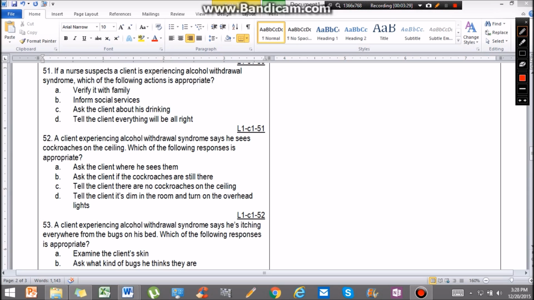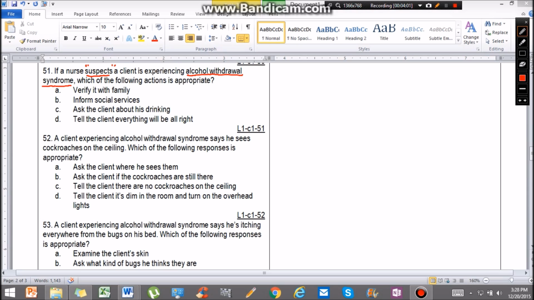So going back to the situation, it says here you are only suspecting a client is experiencing alcohol withdrawal syndrome. So you're not sure if the client is a drinker or not, because you only suspect. If you already know that the client is a drinker, they should not have used the word suspect. Since they used the word suspect, it means it's not yet sure.